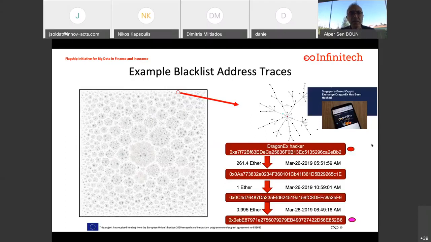Essentially what we are doing here is, once somebody provides us with the blacklist node addresses, and if a customer, as shown here with the purple circle, is interested in doing some transaction with our bank, then we can see if there's a path from this blacklist node to the customer of interest.